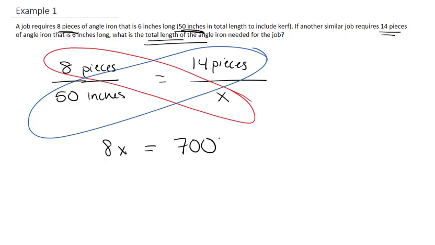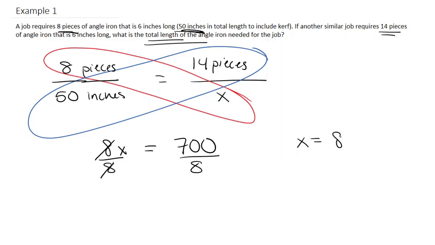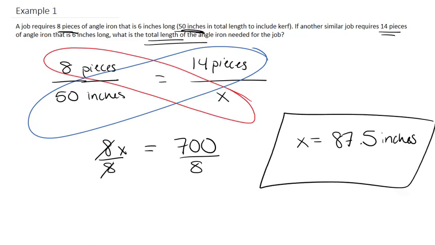Then in order to solve for x, we just go ahead and divide by 8 on both sides. So x becomes 700 divided by 8, and we get 87.5. And this is in inches. So that would be our total length. So that is how we could solve this problem using proportions.